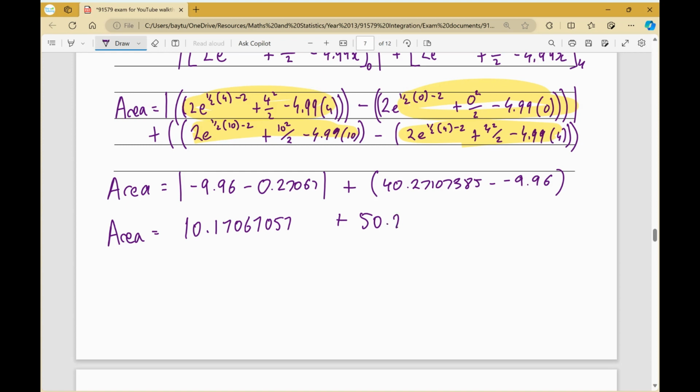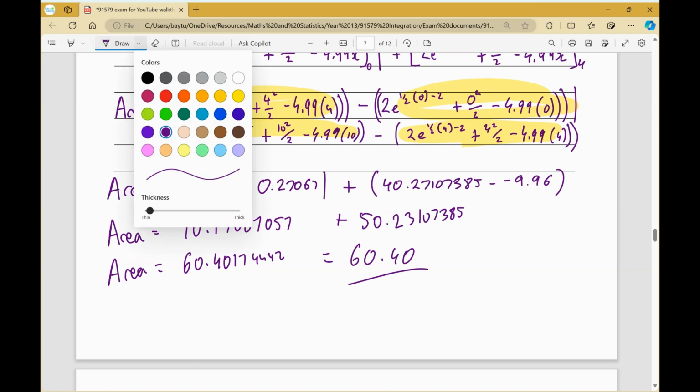Plus 50.23107385. So that is 60.40174442, which will go 2 decimal places, 60.40. And that is the answer. That is the area under the curve.